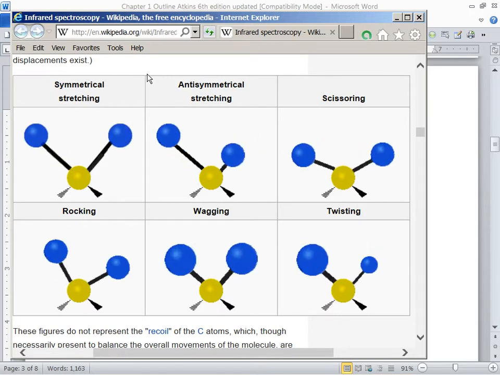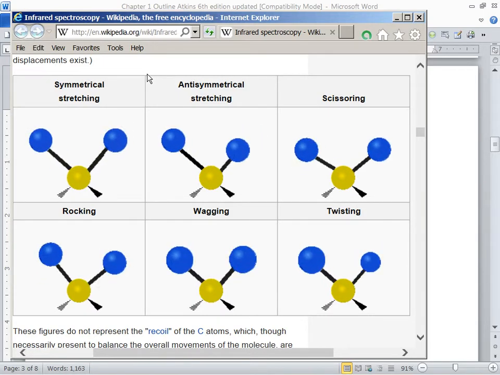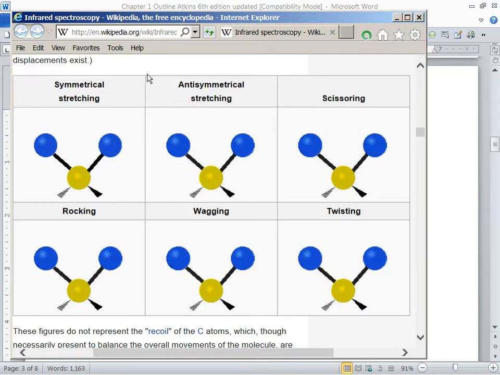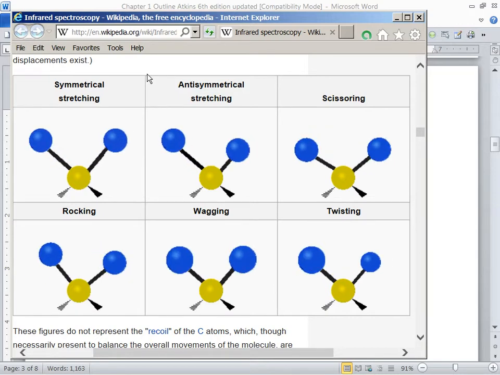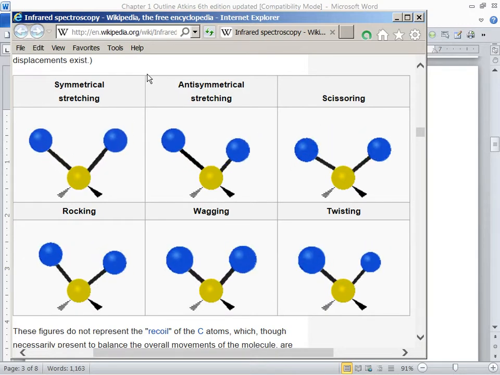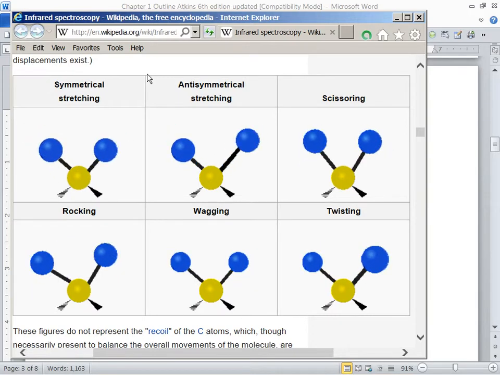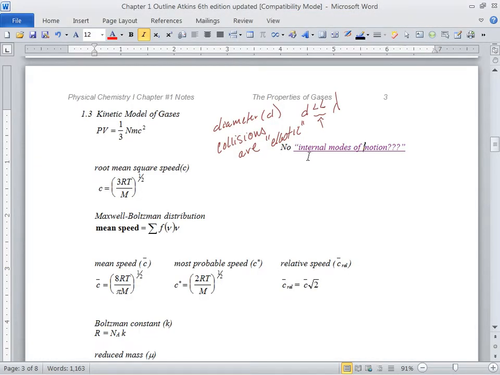The molecule is vibrating and doing these different types of vibrations in and out of the plane and all these sorts of things. Now, what's not included here is what type of internal mode of motion? Rotation, right? That's another one. So this kinetic model doesn't take into account any type of internal mode of motion, okay?